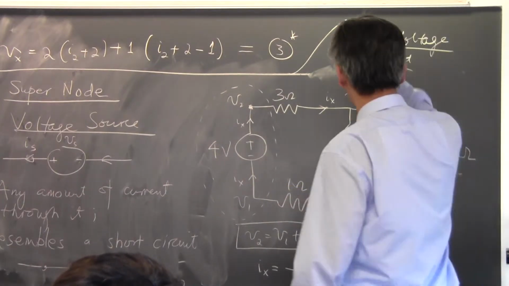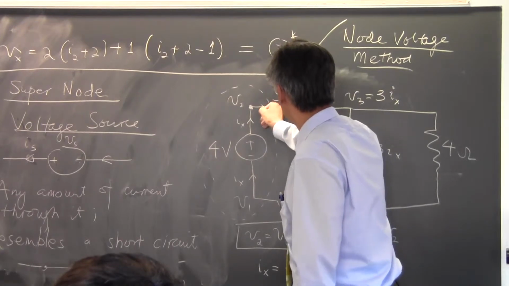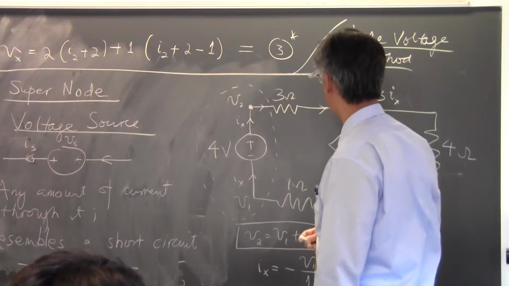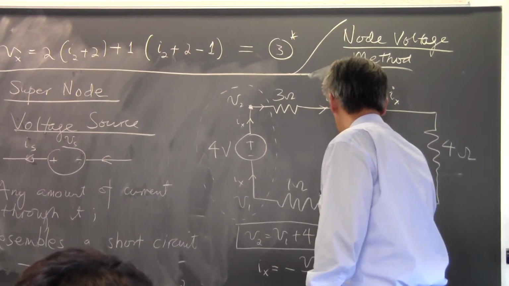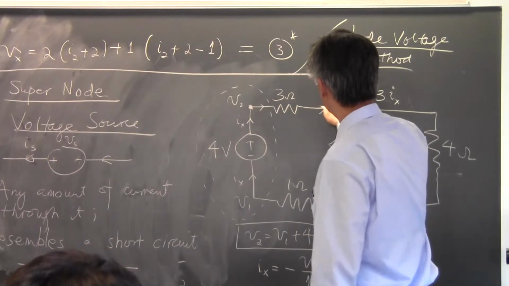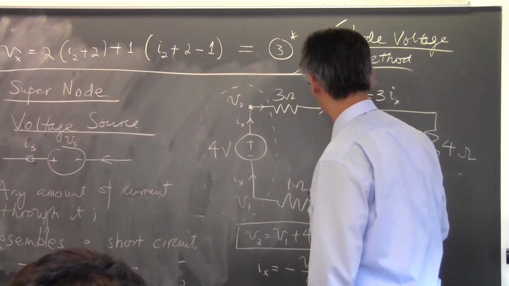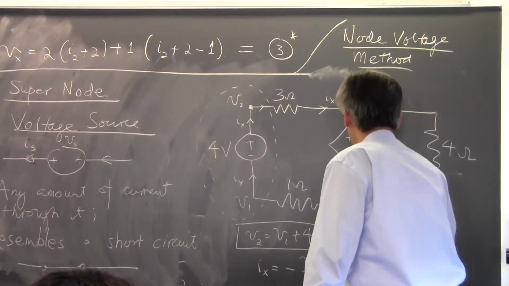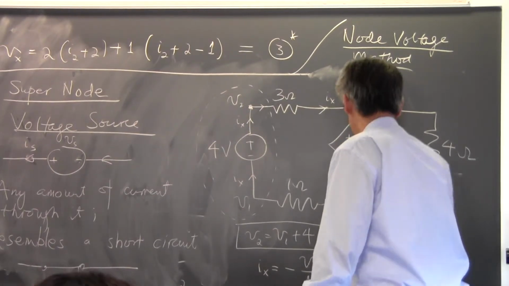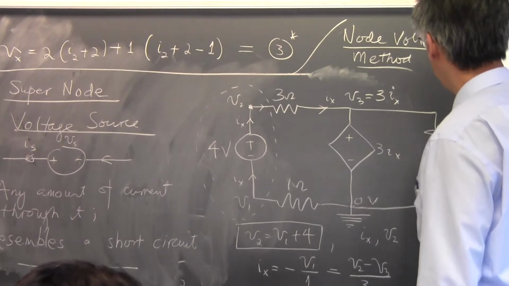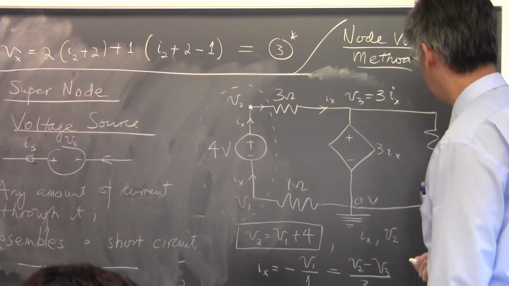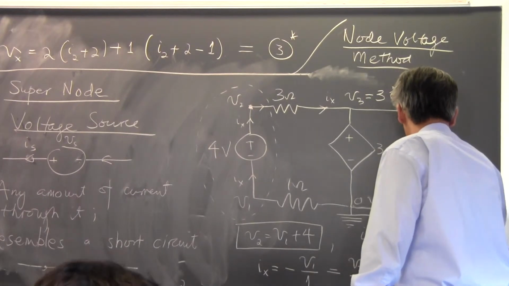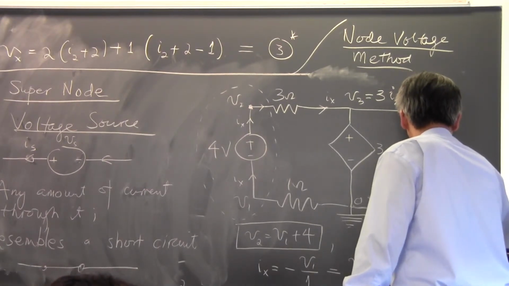And then if I write the value for KCL over here, it says that Ix must also be equal to the voltage drop across here divided by that, so it's also equal to V2 minus V3 over 3 ohms. But V3 is equal to 3Ix, and I think that's what confuses most people. V3 is 3Ix, so it's V2 minus 3Ix over 3.